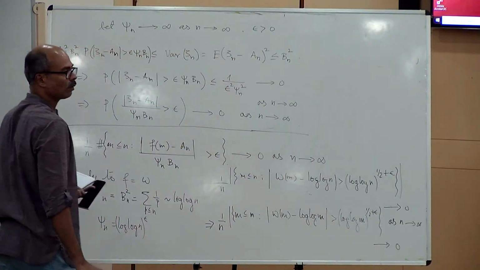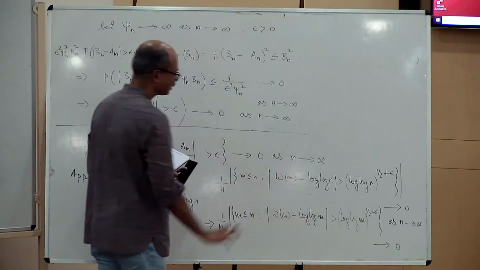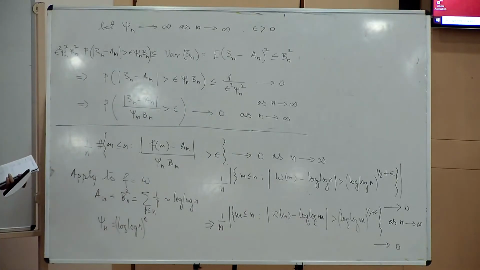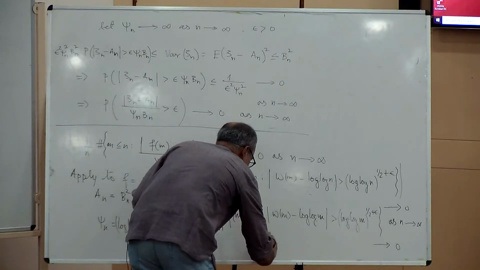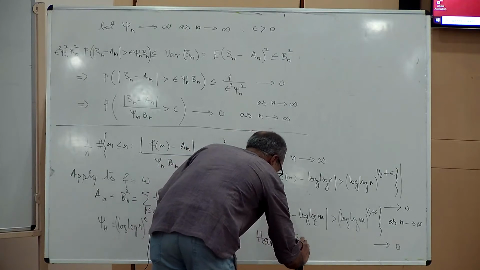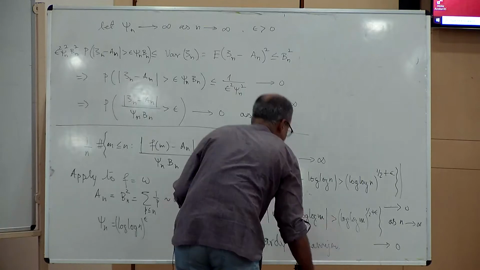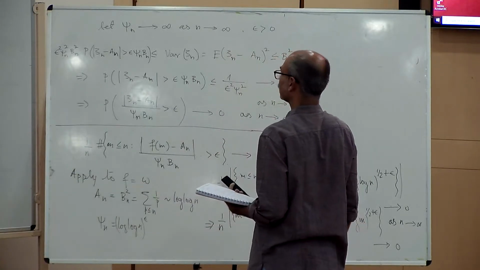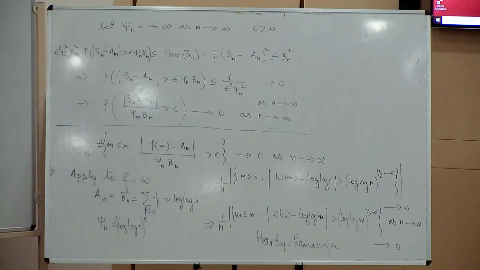In other words, for almost all integers m, omega m is almost like a double log of m, which is the Hardy-Ramanujan theorem. Okay, the time is up, and I really couldn't come to the Turan-Kubilius inequality, which was the title, but I can't help it.